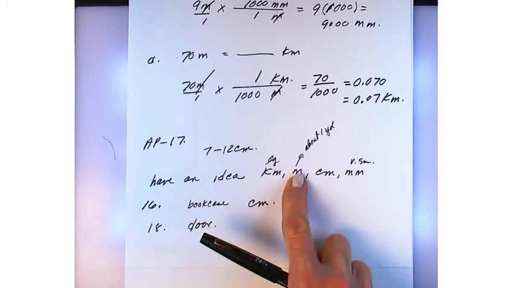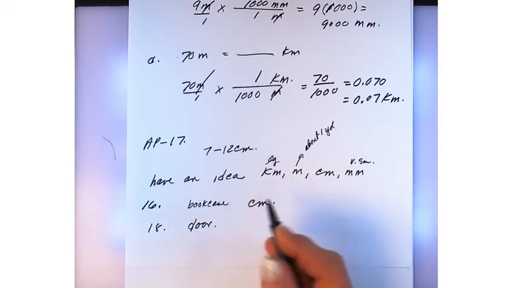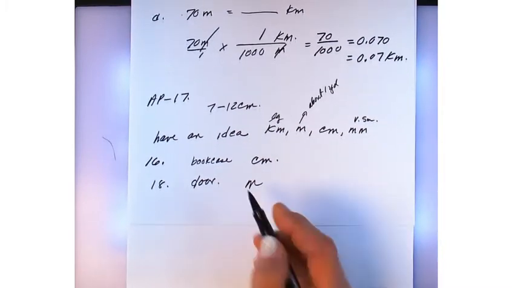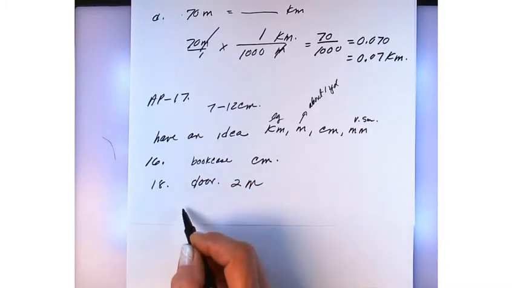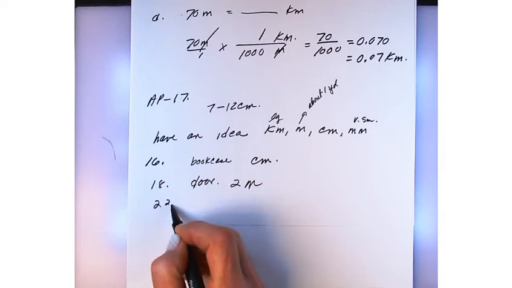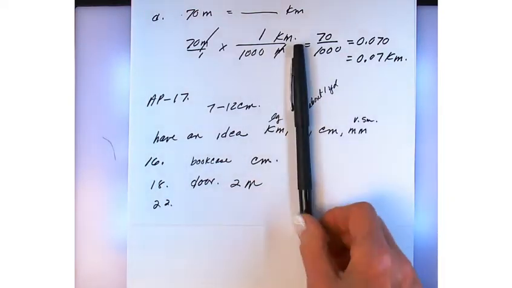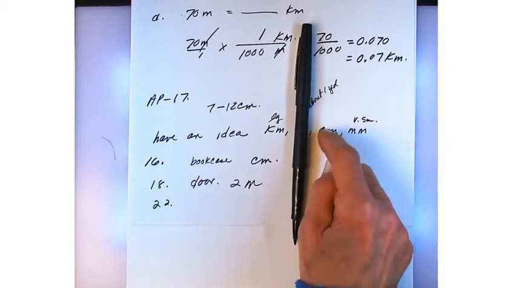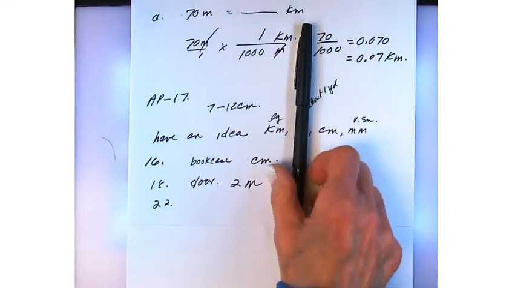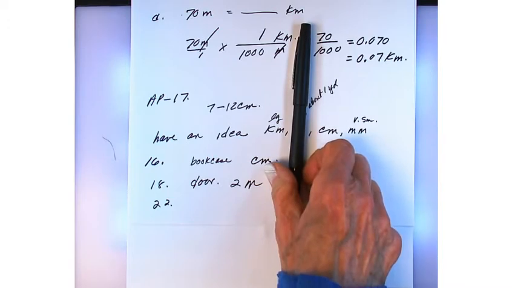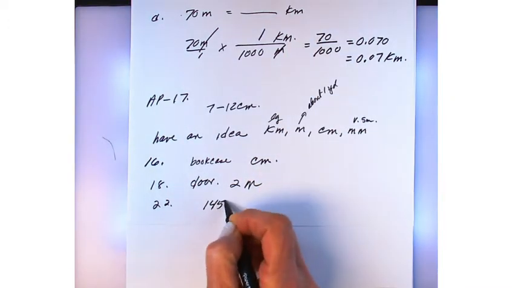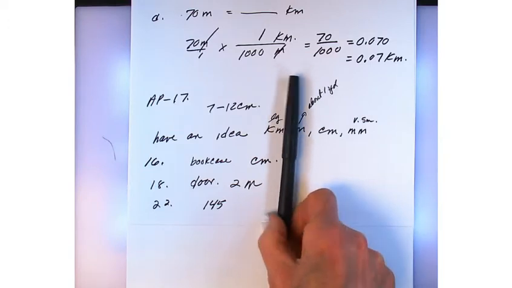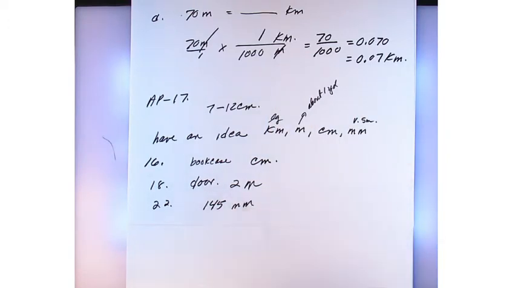This would be about 1 yard, so we're looking at meters there, because he gave us the number 2, so 2 meters would be fine. And then 22, my pen. It could be centimeters, it could be millimeters, but we have to look at that hint he gave us. He gave us 145. So it couldn't be 145 centimeters. It has to be millimeters. Okay?